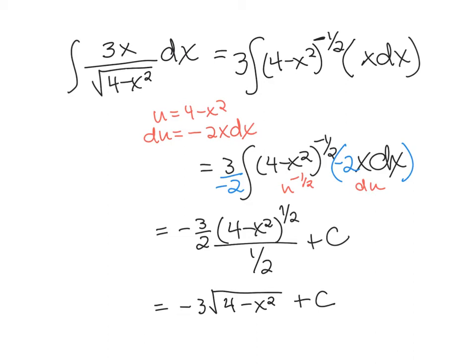Now, some of you, while you're watching some of these, have said, what happened to all the stuff? Where did all this junk go when you got your answer? Well, this is the stuff that got spit out when you did the derivative of the inside. When the derivative was taken, you multiplied by the power, you subtracted 1 from the power, and then you spit out the derivative of this stuff in the parentheses.